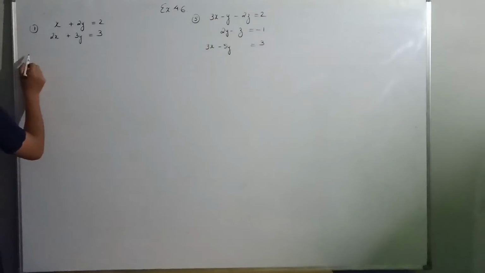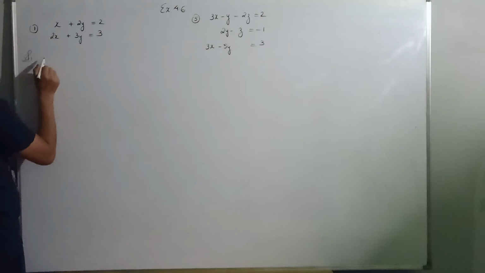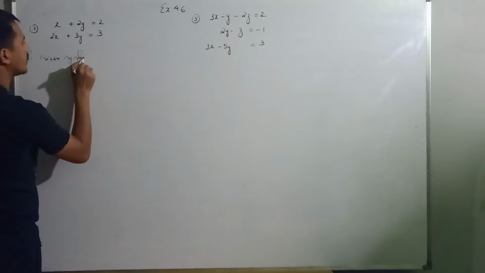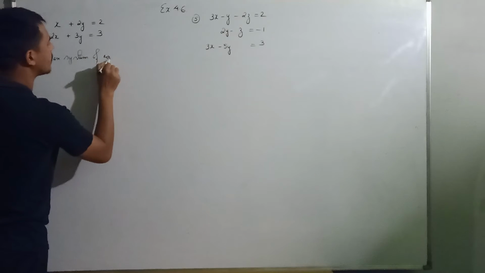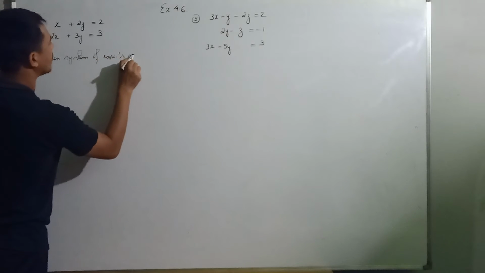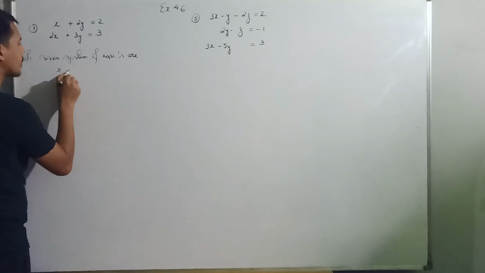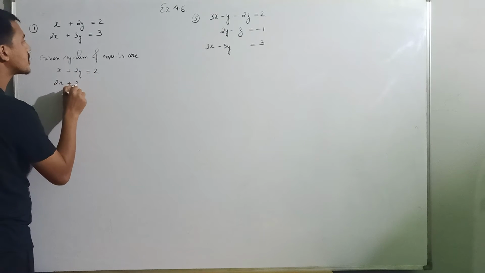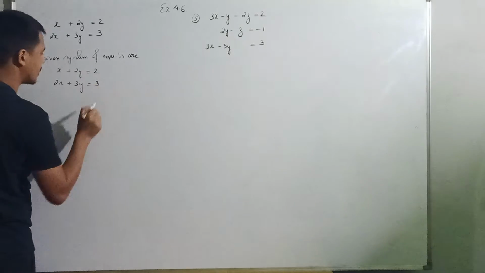So let's go for number 1, the first one. Given system of equations are x plus 2y is equal to 2, 2x plus 3y is equal to 3.